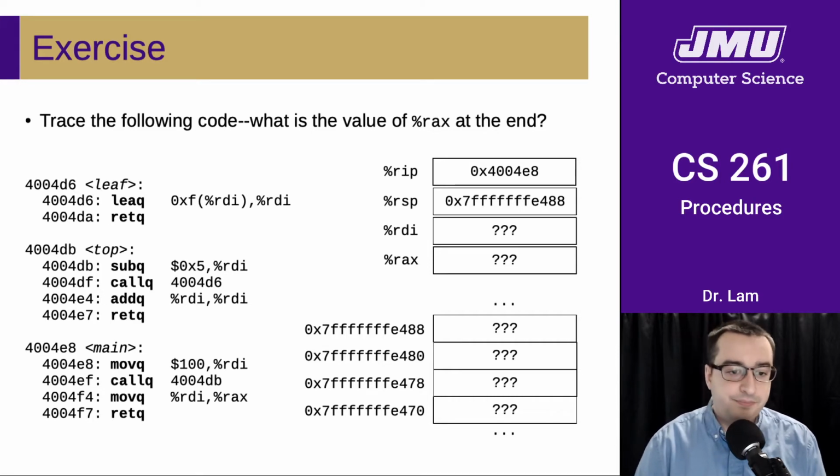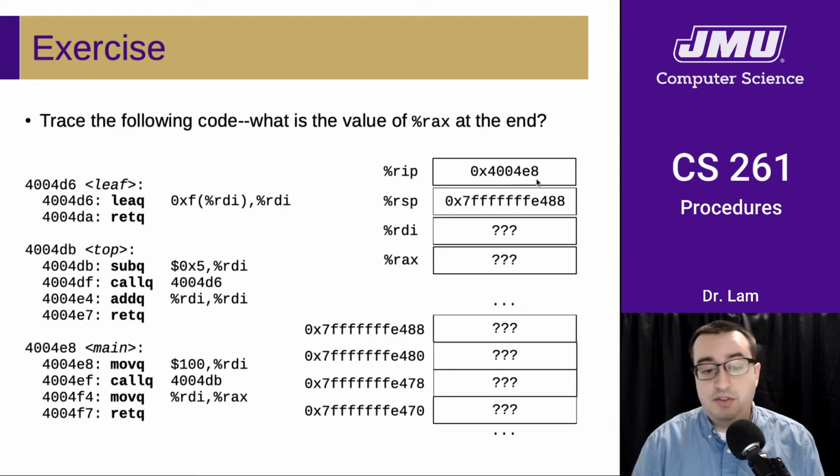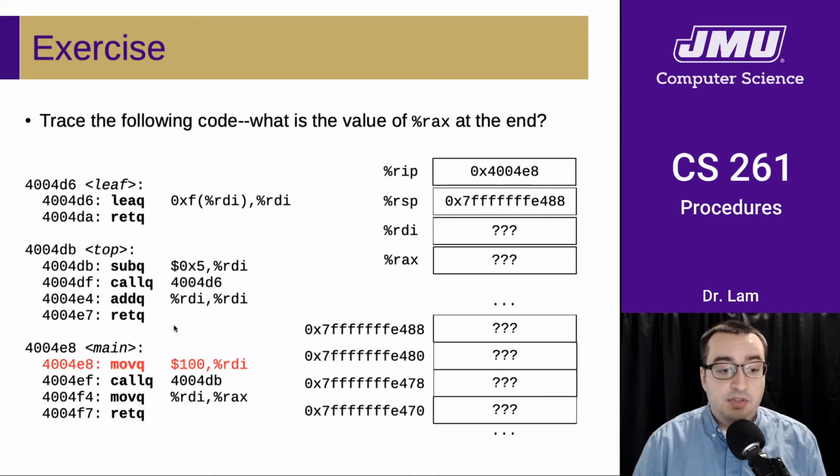Okay, so right now the program counter is at, and I'm not going to read off all these huge addresses, so I'm just going to refer to things using the last 3 hexadecimal digits. So we're here at address 4E8, so that's the important part of it. So we're at 4E8, which is this instruction right here.